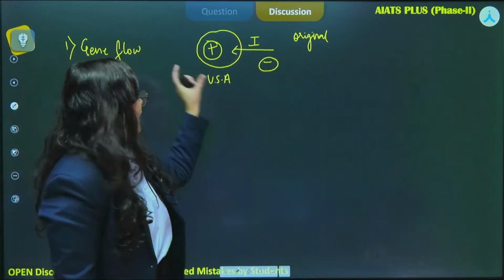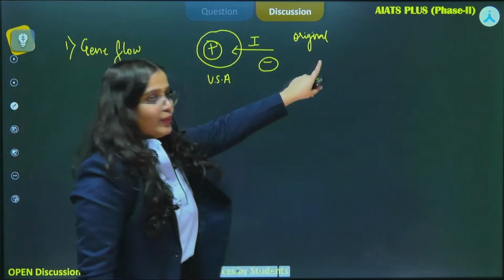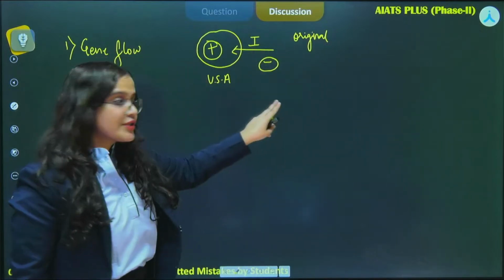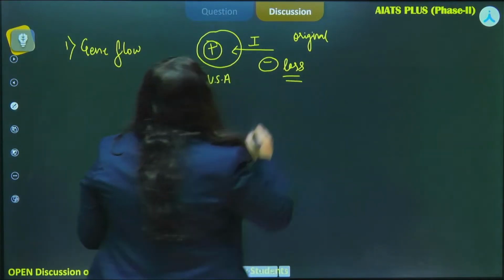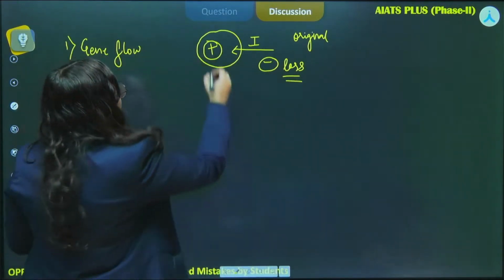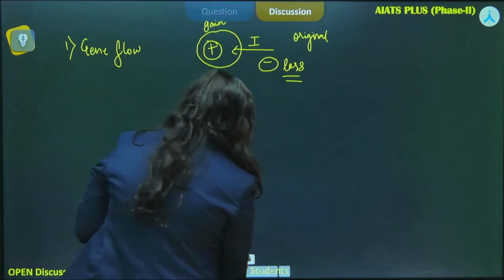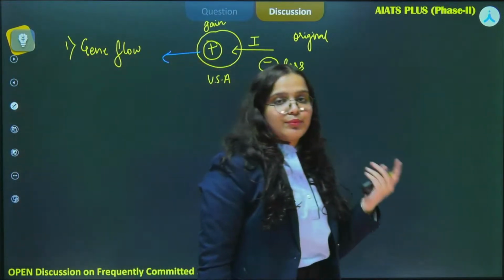So this is going to disturb the gene pool of both areas, because from the original place there will be loss of genes, whereas in USA there will be gain of genes. And a similar thing will happen when people move out from that particular area.